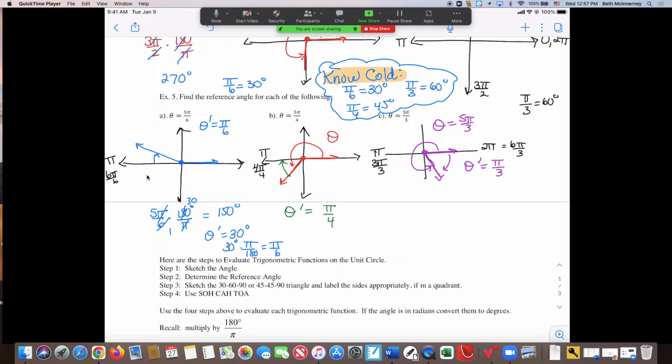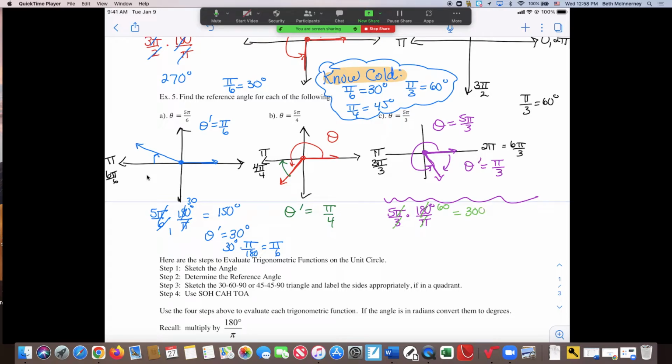Yes, there you go. Okay, let me show you a different way. If I'm really losing you, let's convert 5 pi over 3 to degrees. This is not the ideal, but this will work. If I convert, 3 goes into 180 60 times.